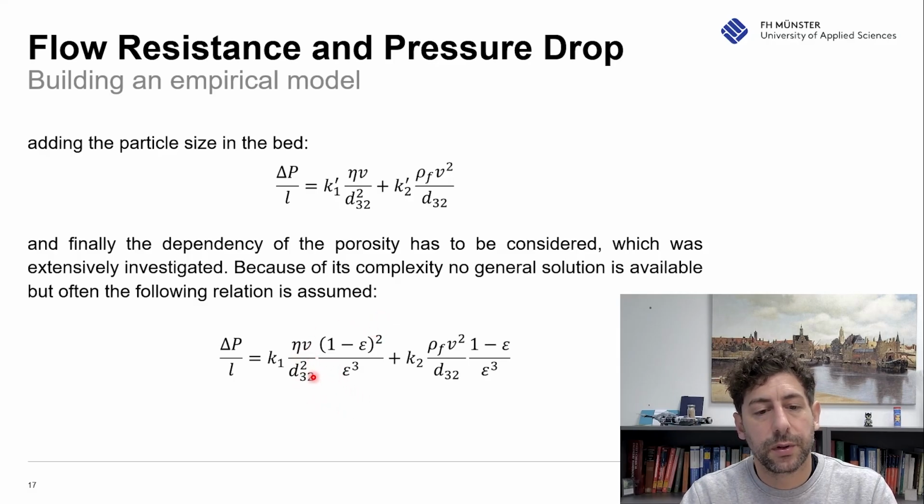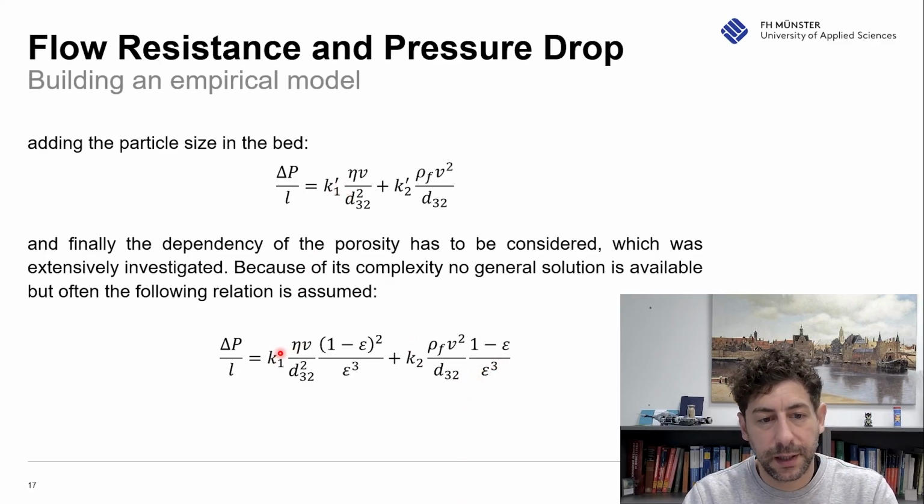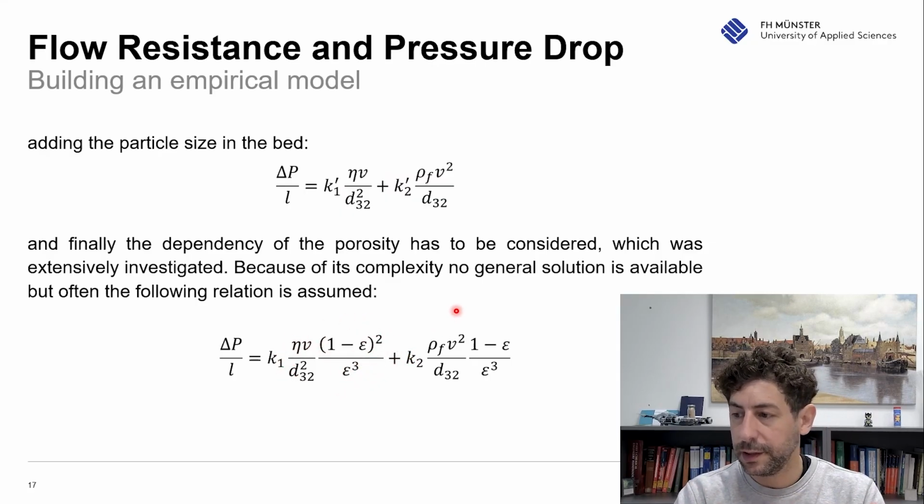For the friction part, it is (1 minus porosity) squared divided by porosity cubed, and (1 minus porosity) divided by porosity cubed for the pressure term. Again, this is achieved from experiments. And now again, the fitting parameters K1 and K2 have to change because we have much more information. But now you see that slowly this equation gets a shape.